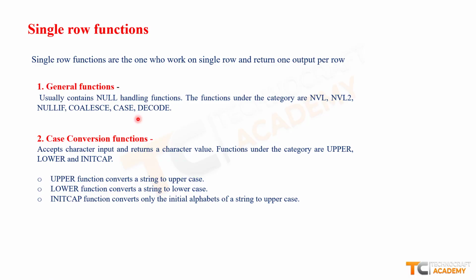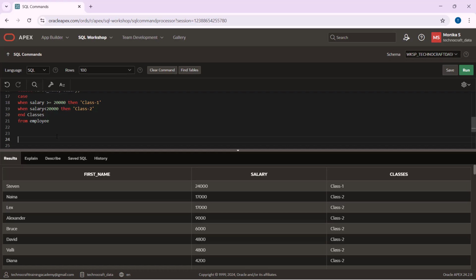Okay, so under case conversion functions we have upper, lower, and initcap. The upper function is used to convert the string into uppercase, and lower is used for converting the string values into lowercase, and the initcap function converts only the initial alphabet of a string into uppercase and the rest of them as lowercase. So let's check all these case conversion functions.